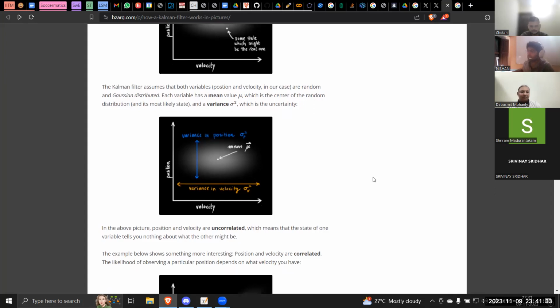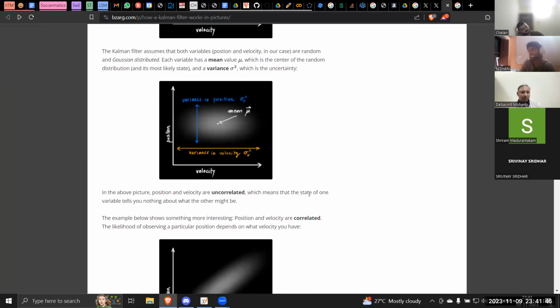So we have two sigma squares, for position and velocity. In the above picture, position and velocity are uncorrelated.